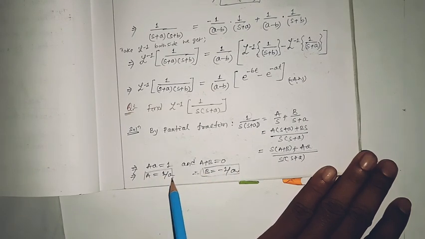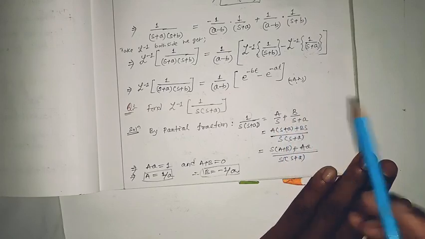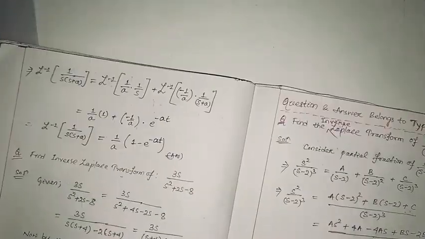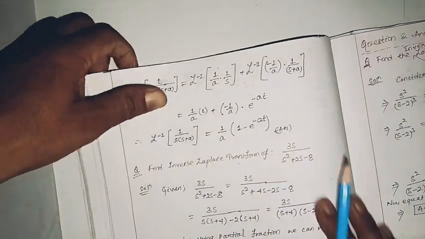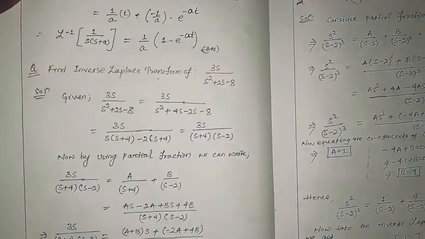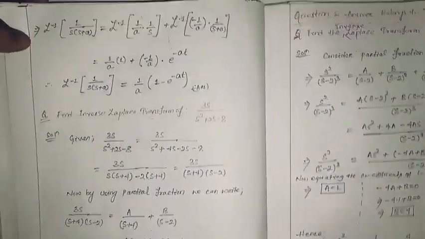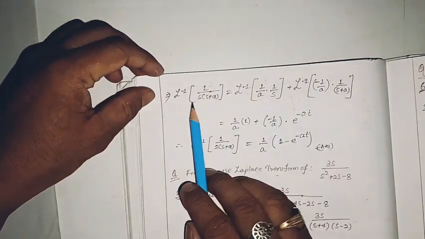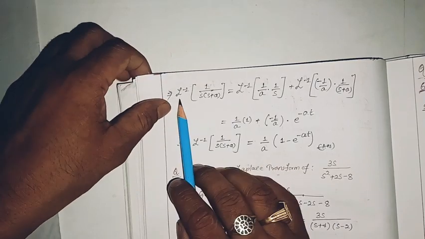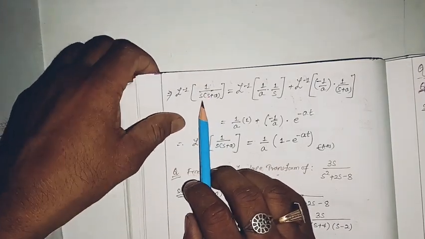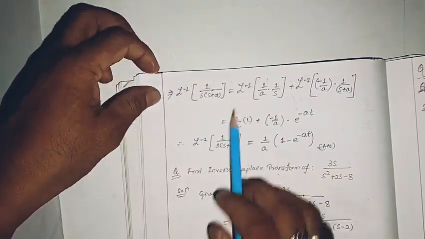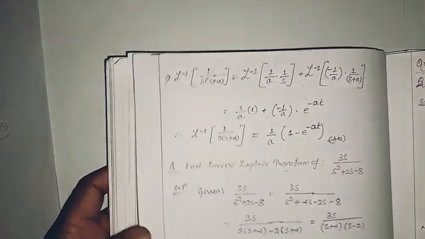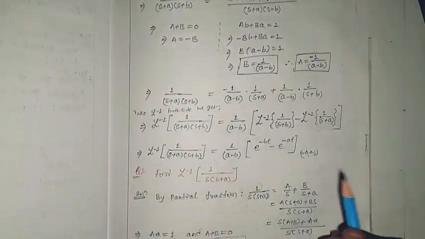Now we are going to substitute this a and b value over here and here. What can we write? We can write as 1, we have to substitute, and we are going to consider the inverse Laplace transform at a time here. So the inverse Laplace transform of the left hand side, 1 by s into s plus a, equals the inverse Laplace transform of a by s.